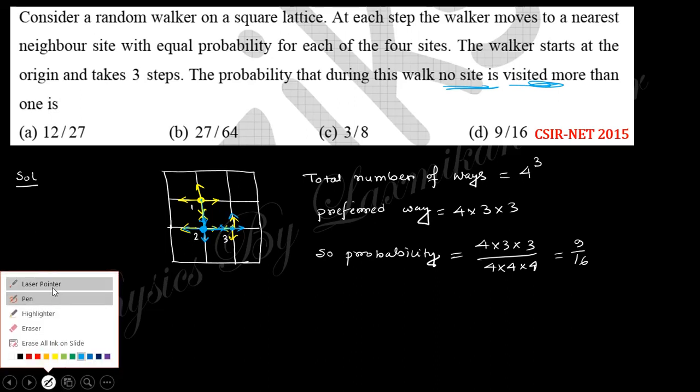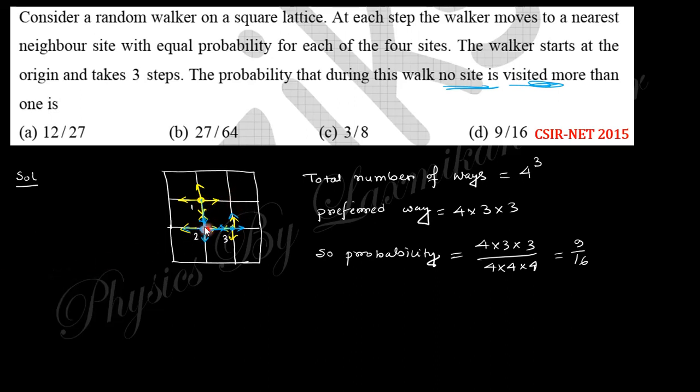In general, at the origin there are 4 possibilities, so the total is 4 to the power 3. But in this condition, it cannot go back along the same path, so it has 3 ways to go here. Similarly, when it comes here, it also has 3 ways because it cannot go to the site we already covered.